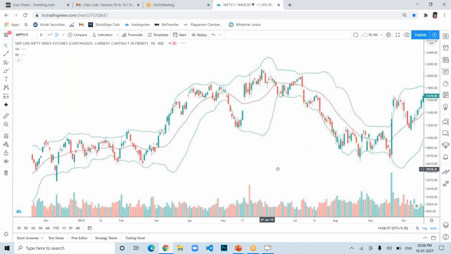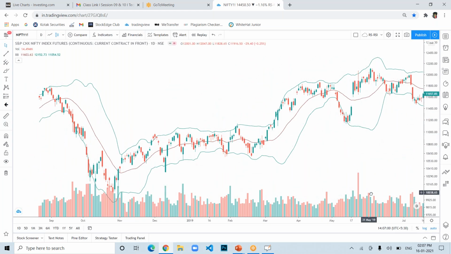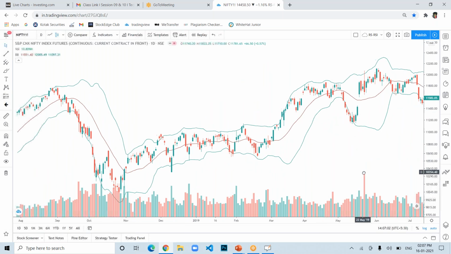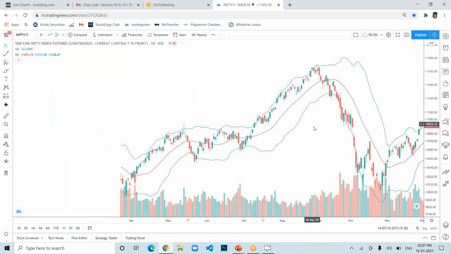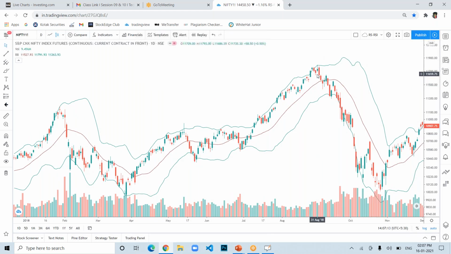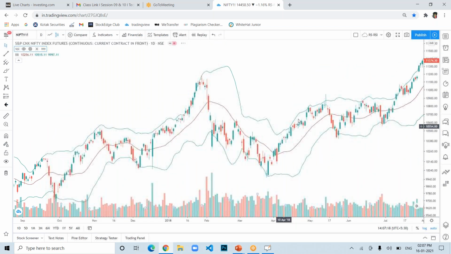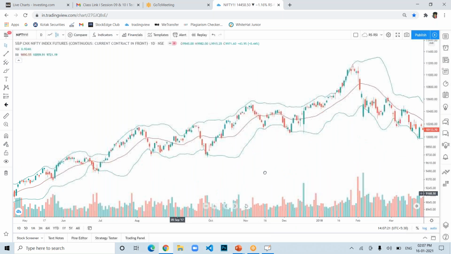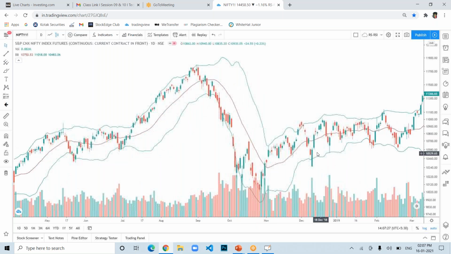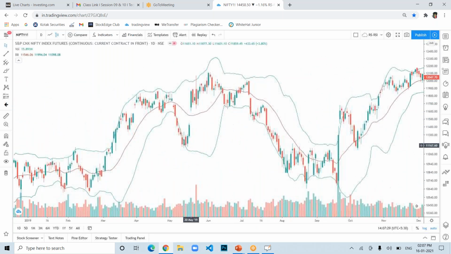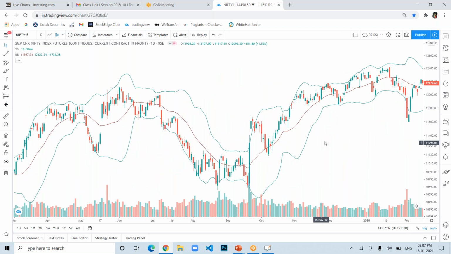Now look here. This is not. Just figure out a chart which has a W or an M and then we can study it.